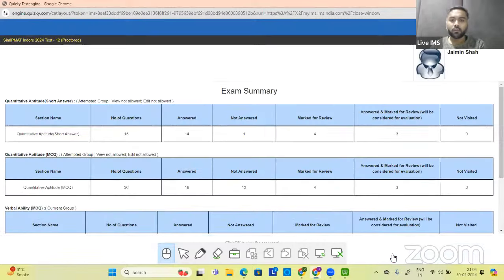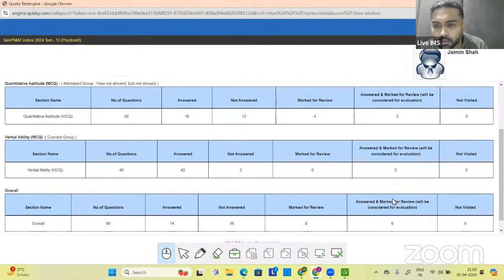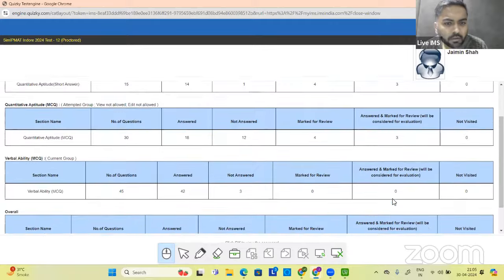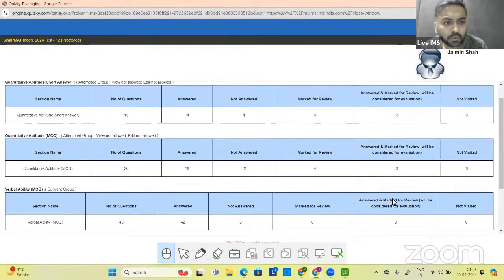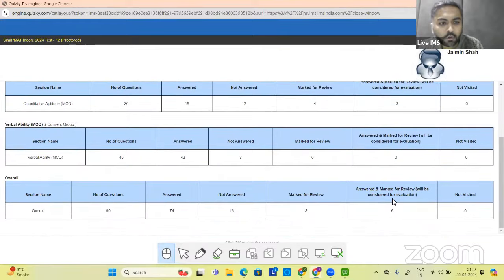Okay. So I attempted 18 in MCQ. I did not attempt one in short answer. I attempted 42 in verbal ability.